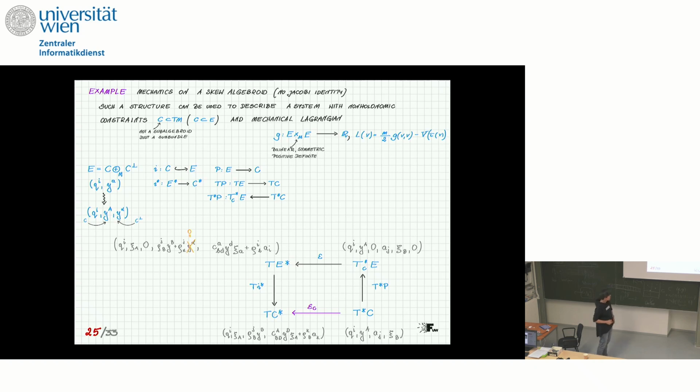So I need coordinates that are adapted to the structure. So those vertical fiber coordinates I split into coordinates that are only in C and only in C orthogonal.